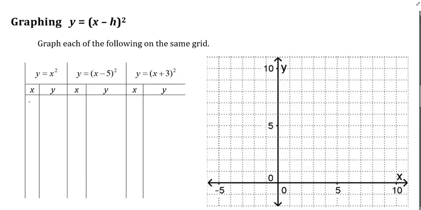So we're going to start with our first one. And even though we're doing a table of values, that's not what we're practicing. That's why I'm just giving you the values. So again, hopefully by now you know these. You can just figure them out yourself, right? 9, 4, 1, 0, 1, 4, 9.